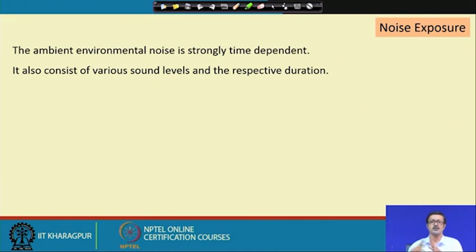maybe for half an hour, where you are exposed to that 65 dB noise environment, may be very problematic from the point of view of health. So, how much time you are exposed to noise is also important.